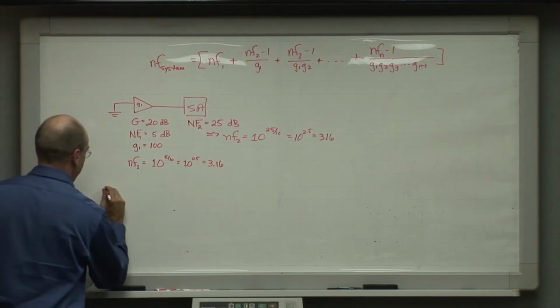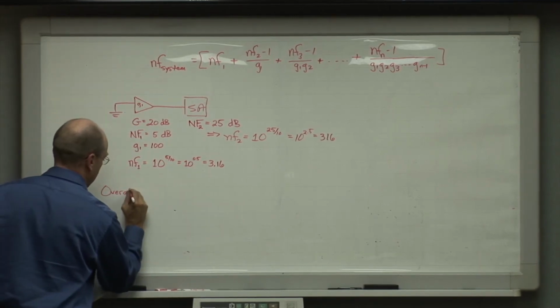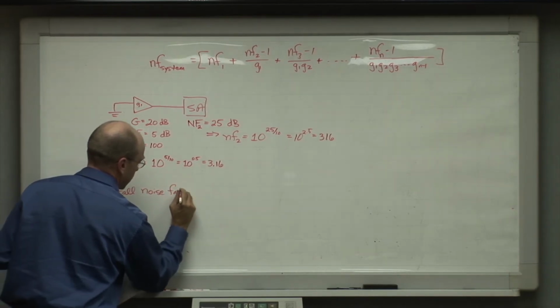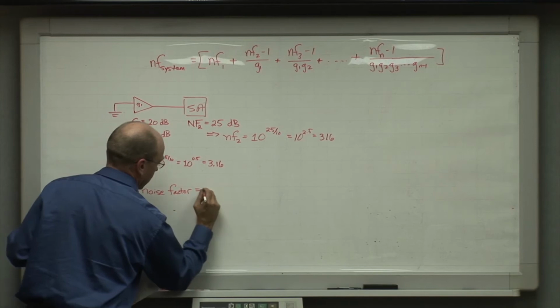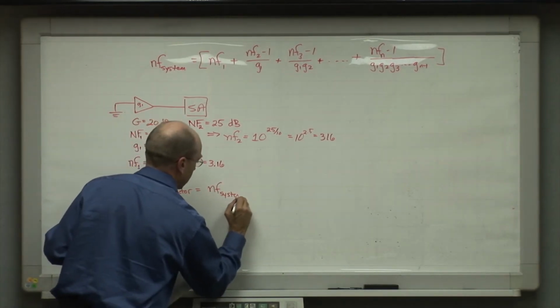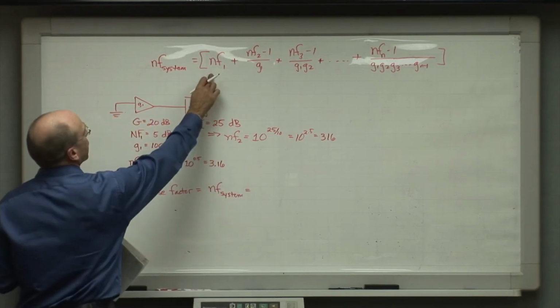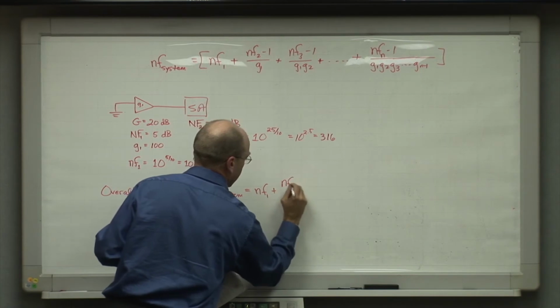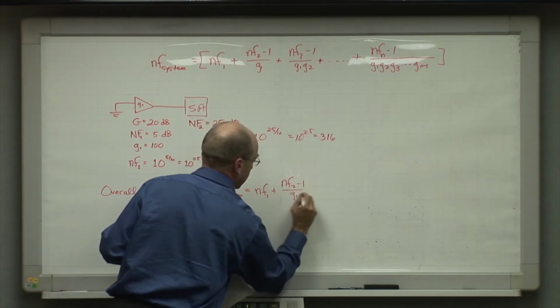Okay, so that means that the overall noise factor for the system is going to be NF system. So we just start right here. It's really easy. That's NF1 plus (NF2 minus 1) divided by G1.